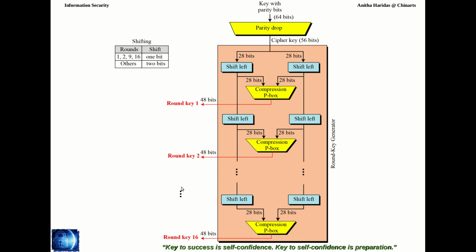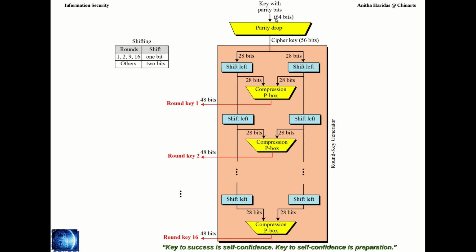You can observe here. And if you have noticed, this 56-bit key is the output of a component called a parity dropper. The parity dropper gets 64 bits as the input.